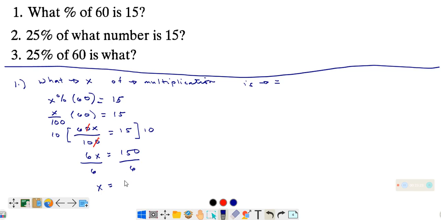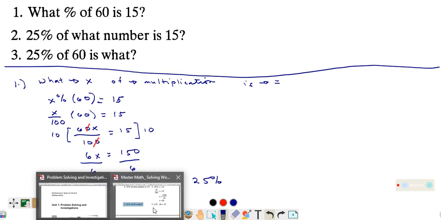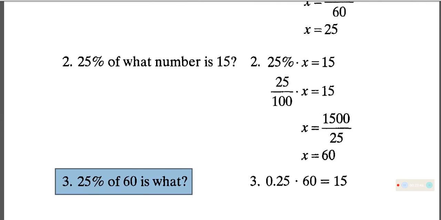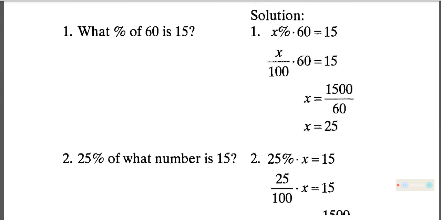We have 6x is equal to 150. Divide both sides by 6. X is equal to 150 divided by 6, which is 25. So, what percent of 60 is 15? So, we have 25%.